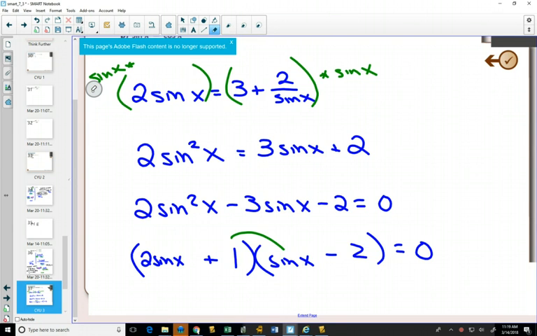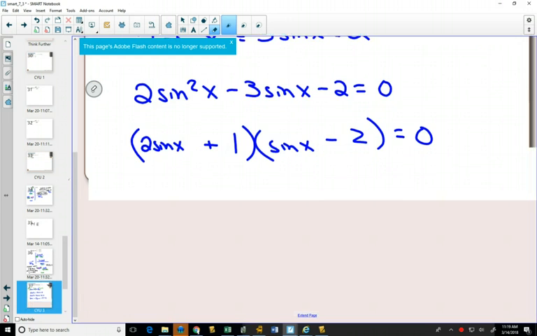And sure enough, that works out. So again, after you factor, you should always be checking to see what you have works with the line above it.